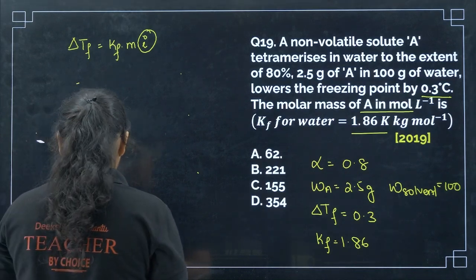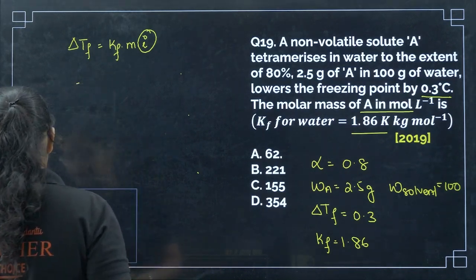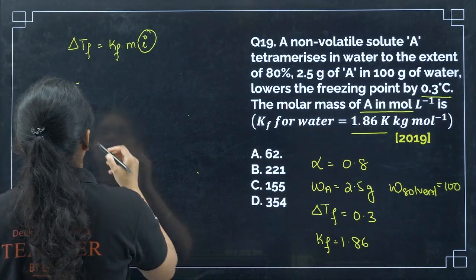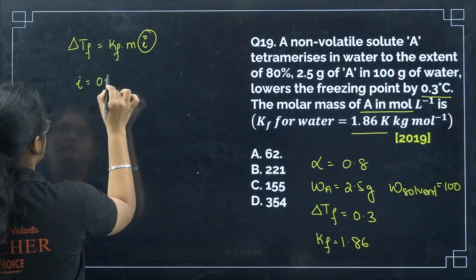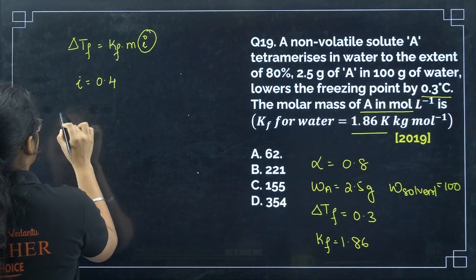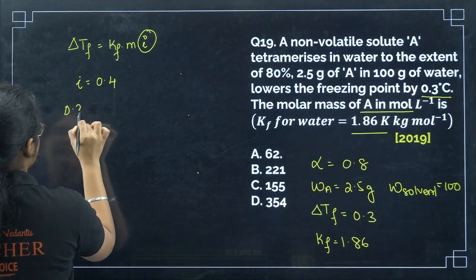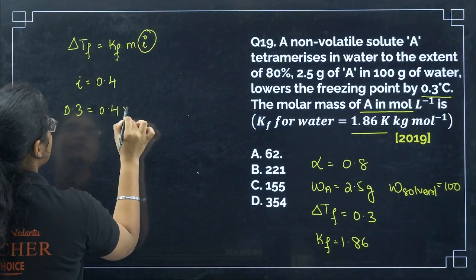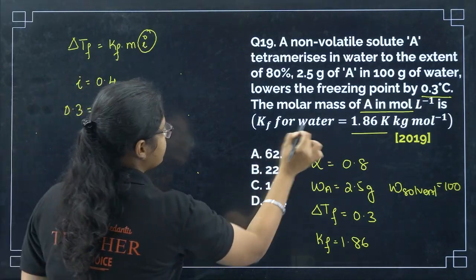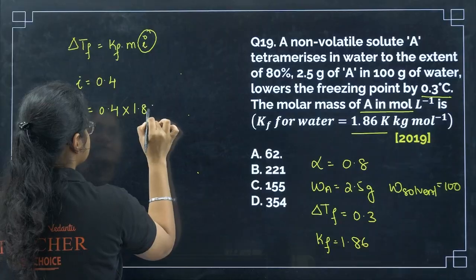Now I can do the calculation. The i value I got was 0.4. Delta TF is 0.3, i is 0.4, and KF is 1.86.